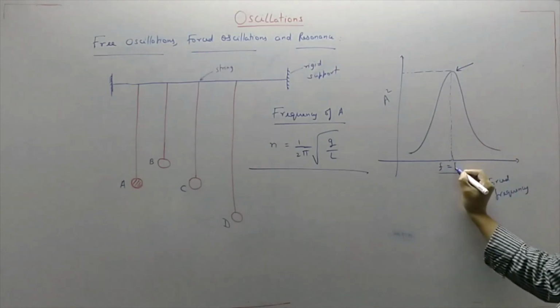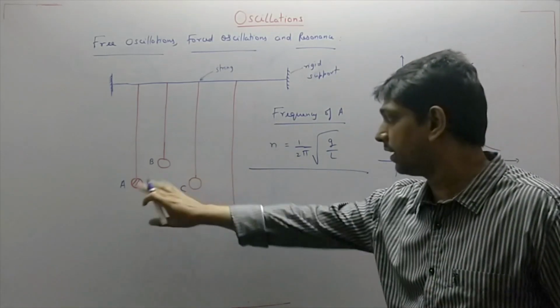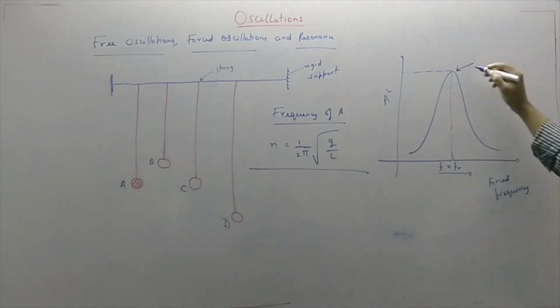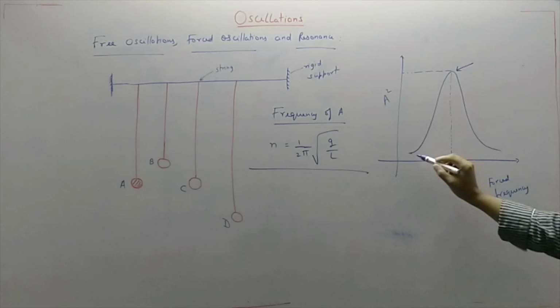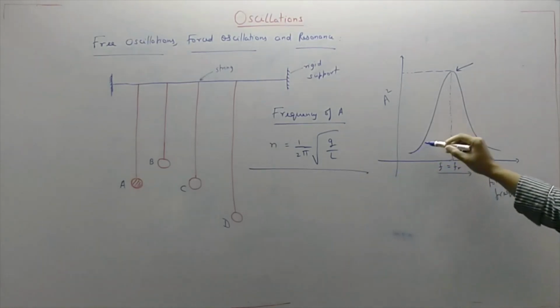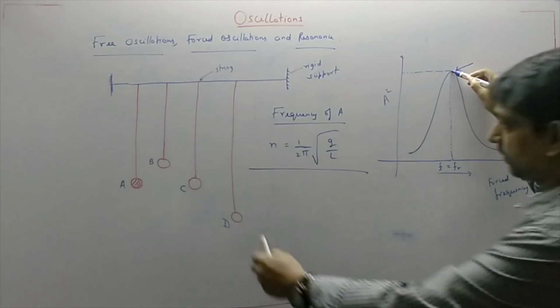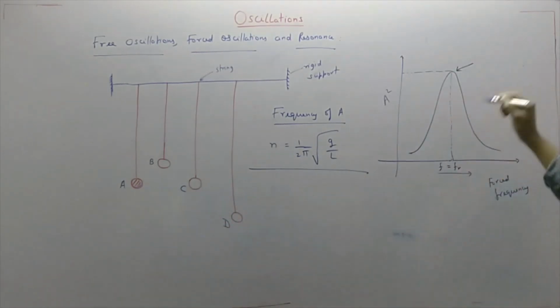At this particular point, F equals Fr: the forced frequency for C given by A is equal to the natural frequency of A. At this particular peak, the amplitude becomes the same as that of A, so the frequencies become equal.